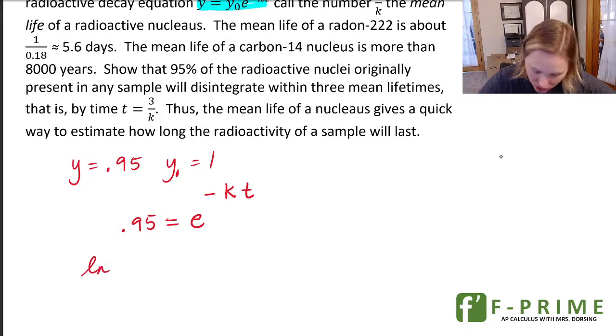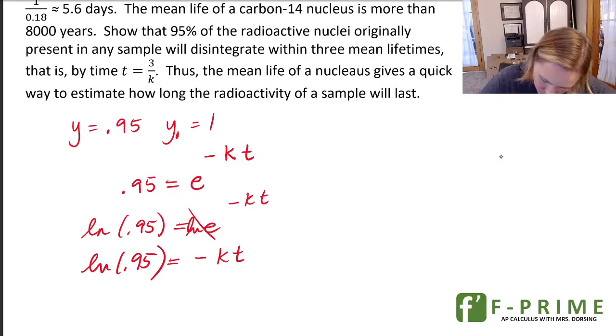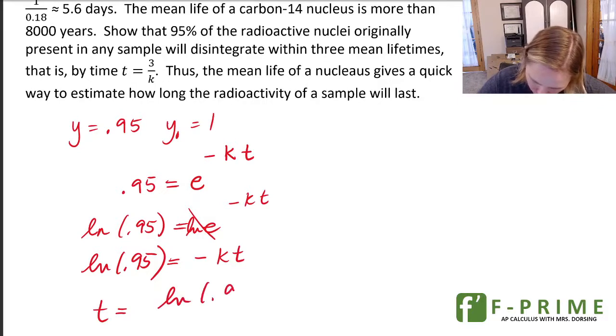Natural log of 0.95 equals natural log of e to the negative kt, the natural log and e cancel away, leaving negative kt. So t will equal natural log of 0.95 over negative k.